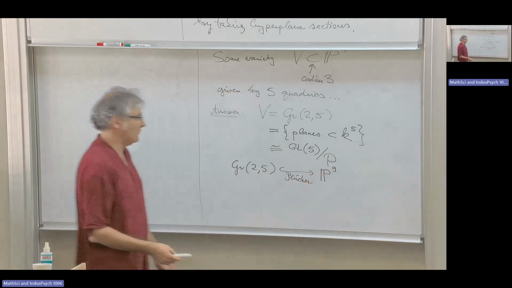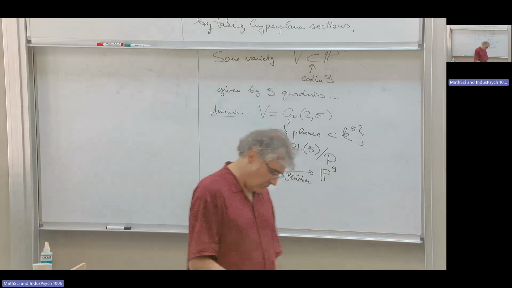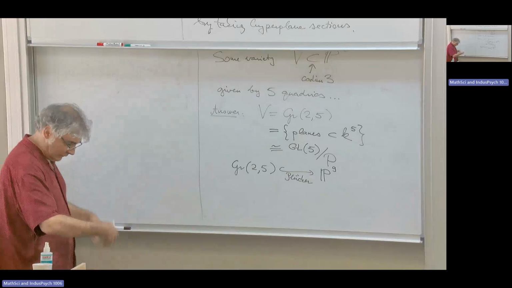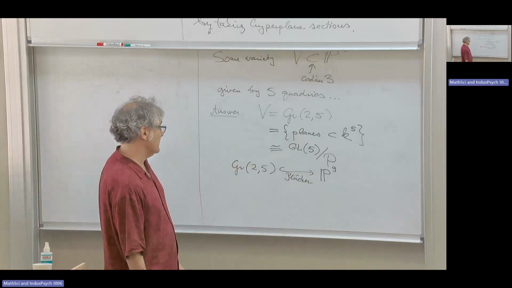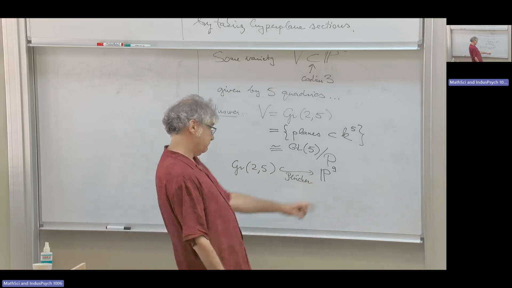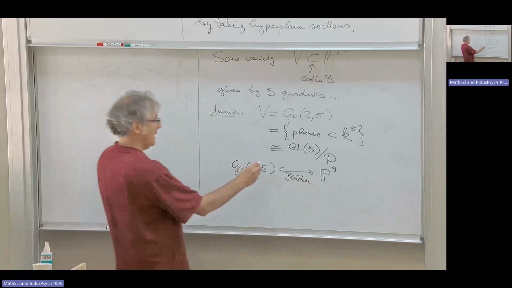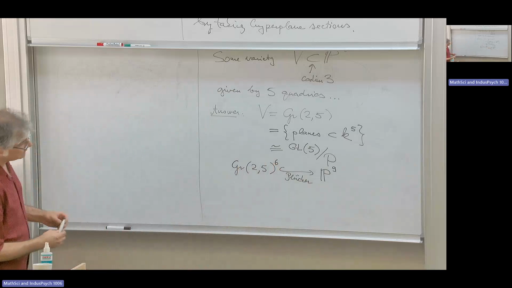So there is some kind of numerology of where you map these matrices. So here you map it to a certain space of 2 by 5 matrices. That space is 10-dimensional, but we projectivize, so this is 9-dimensional.